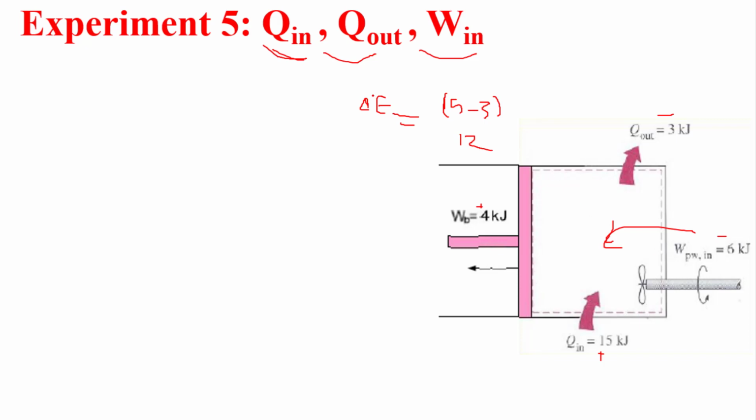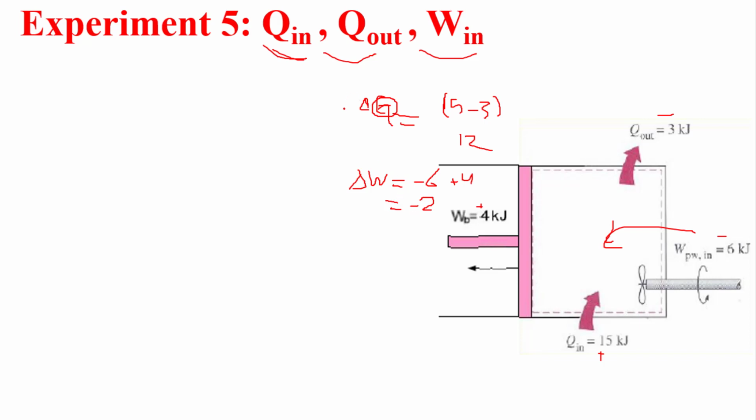Let me write it: this is Q. Now the work will equal minus 6 plus 4, and here we have minus 2 done from the surrounding on the system.